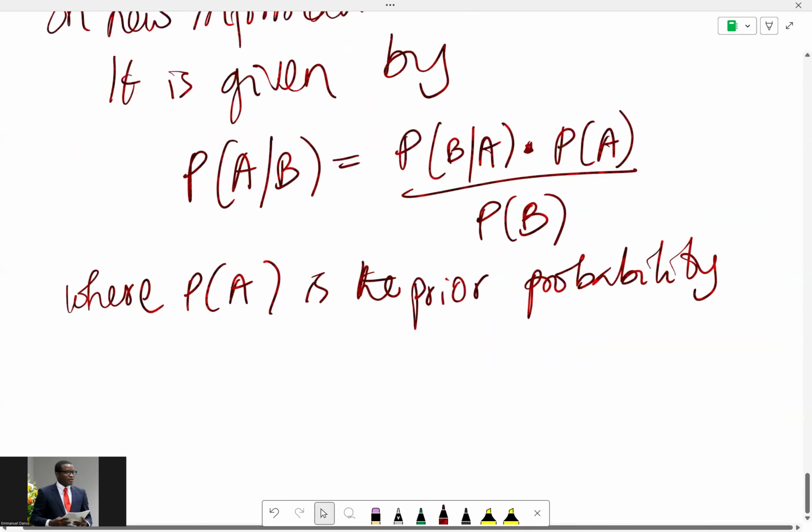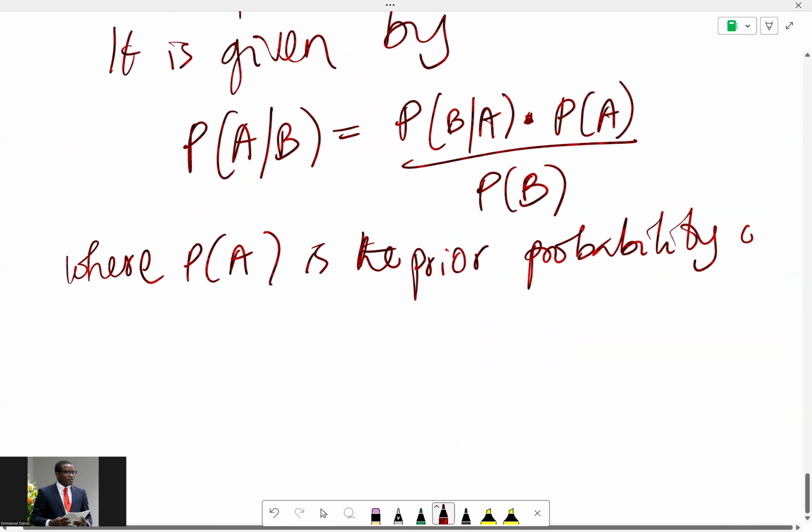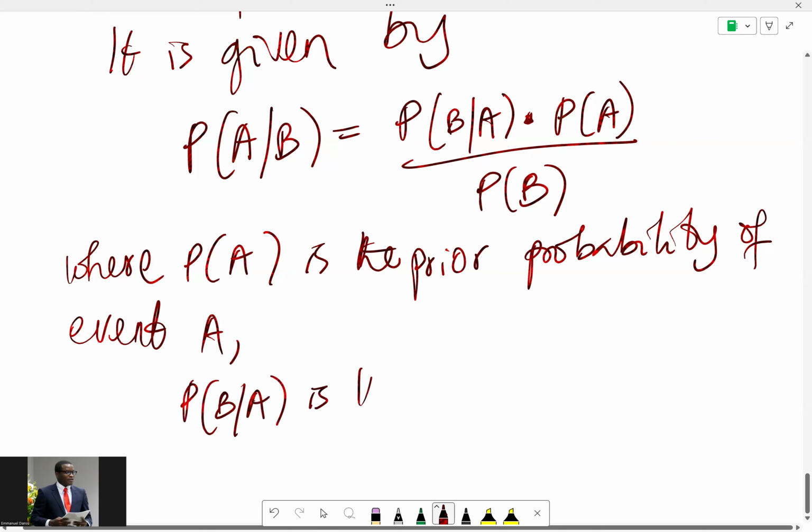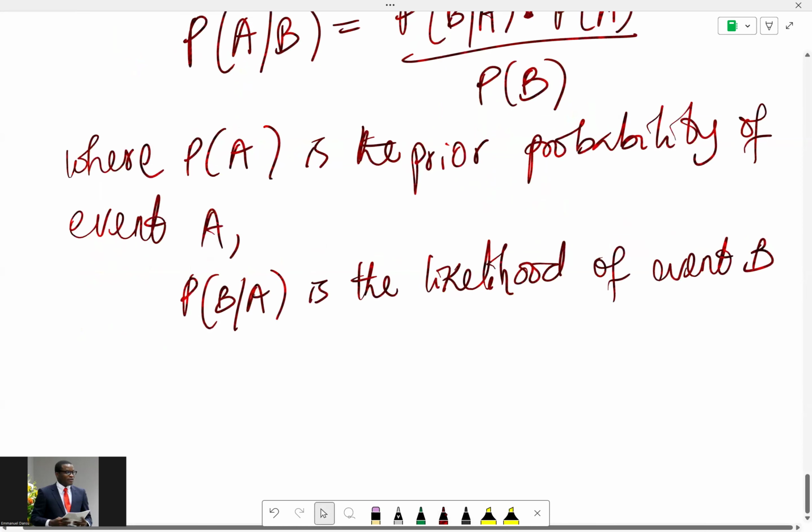So it's the prior probability of event A. Then P of B given A is the likelihood of event B given A.